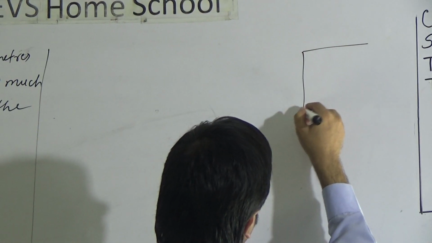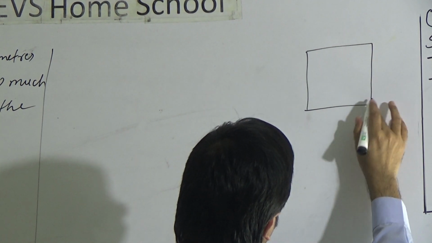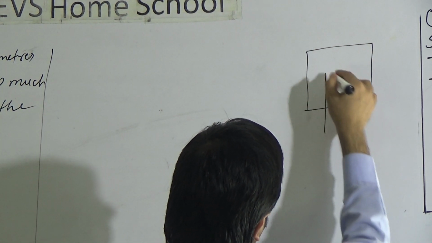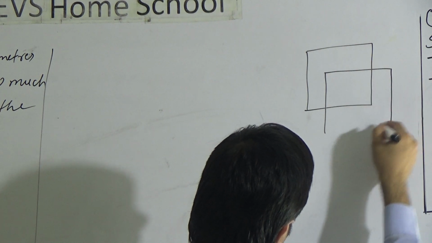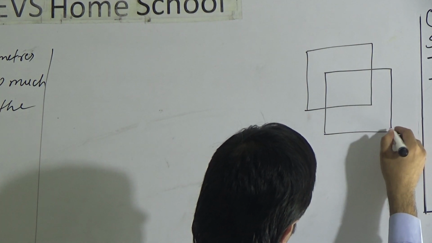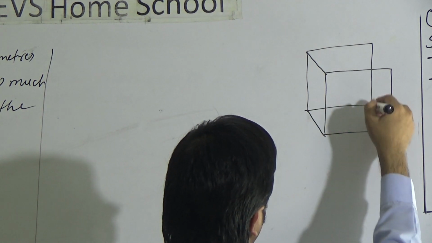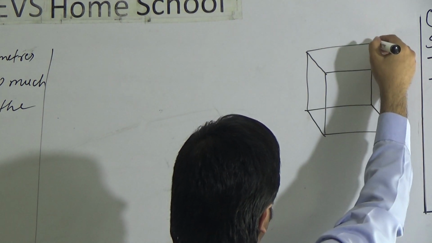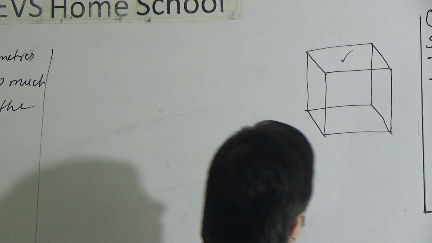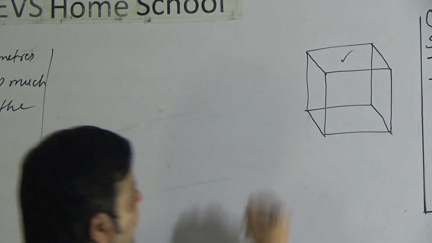Suppose here is a reservoir, a square open reservoir. It means the shape of the reservoir is square shape. As this is square open, it means that the surface above is open. This is the open surface, so you can write here open.